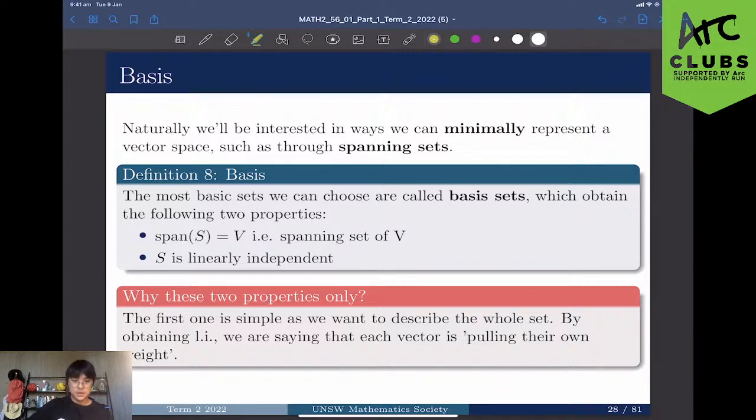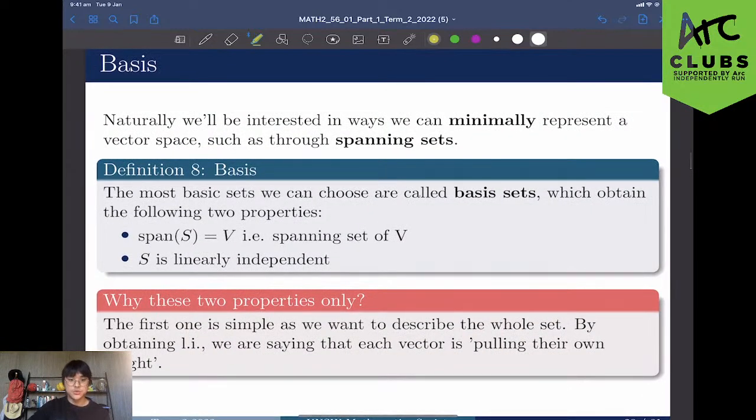So these two things are going to be true: the span of S has to be the whole space V, and S is going to be linearly independent, because you want the minimum vectors, which means that if there are linearly dependent vectors, you just get rid of the ones that are linearly dependent.